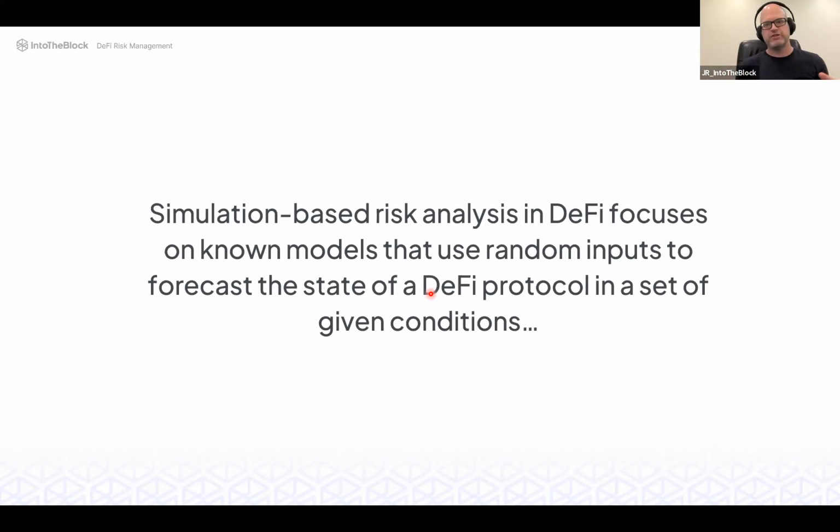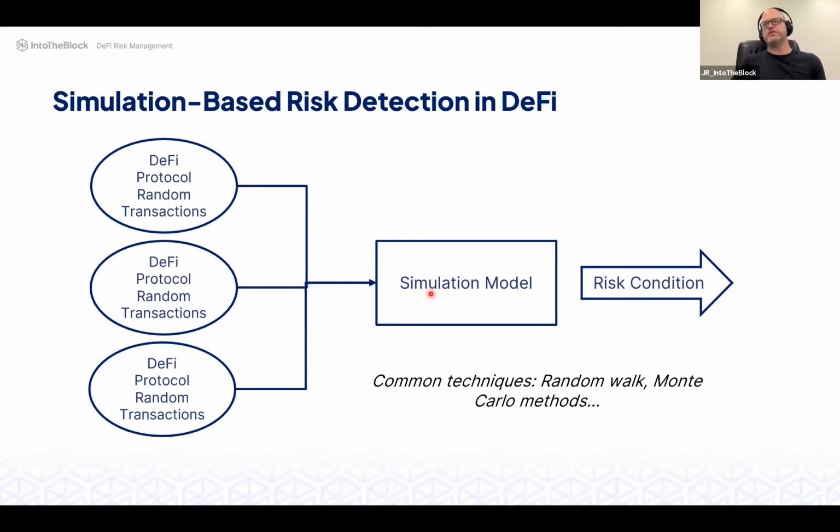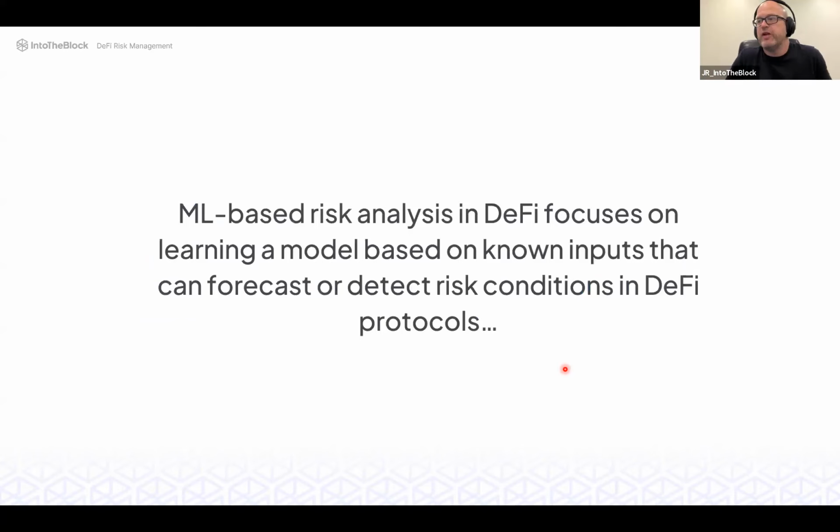You run different simulations, many scenarios, and you come up with a risk condition. So the inputs here are random. You need to simulate many scenarios, and then you come up with an output. Techniques like random walks and Monte Carlo simulation are very effective in this type of mechanism.